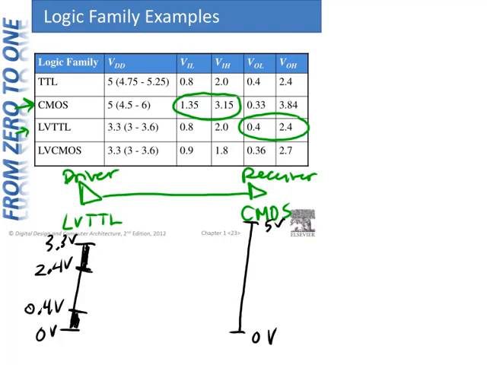For our inputs for our CMOS, worst case input low, VIL, is 1.35 volts, and worst case input high is 3.15.